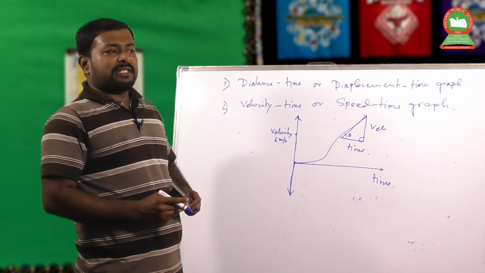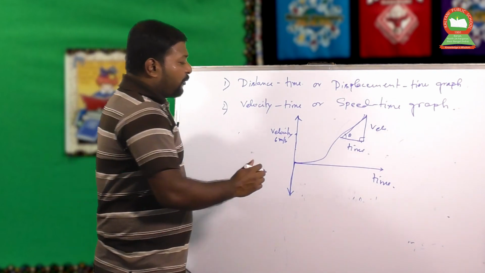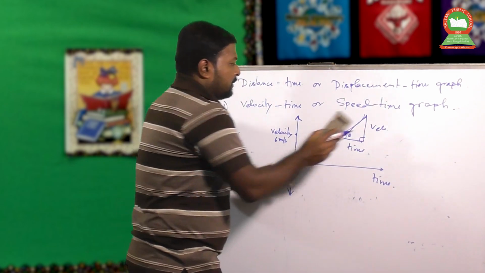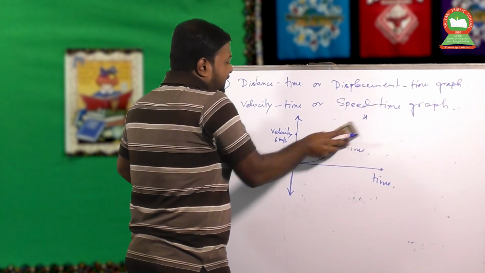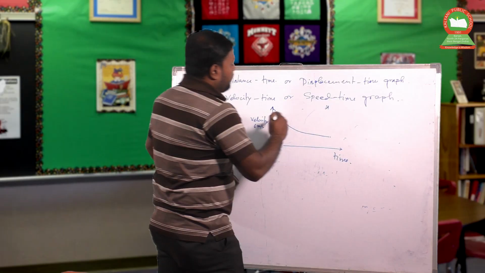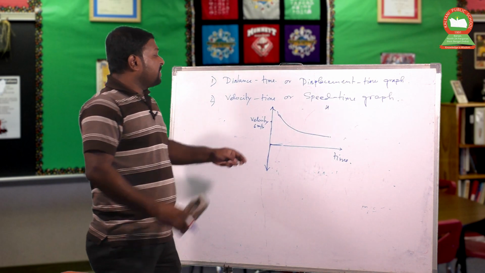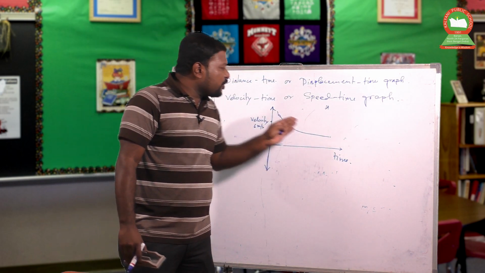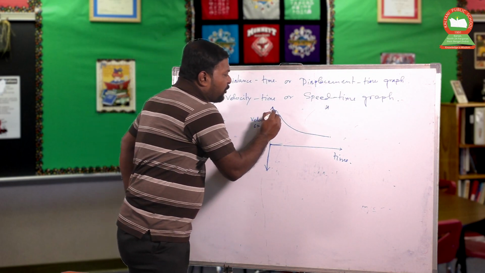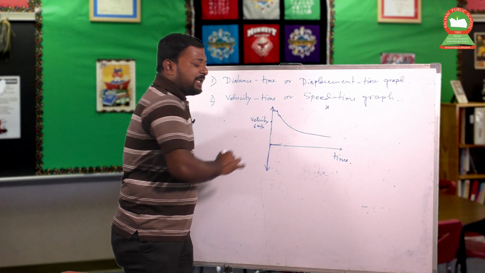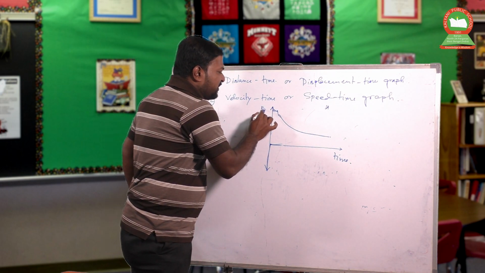When retardation is taken into account, the body is moving in a way like that, in a direction which is gradually decreasing. That means as time goes on, initially the body is here with a certain velocity and this velocity is maximum. Suppose it is 10 meter per second.